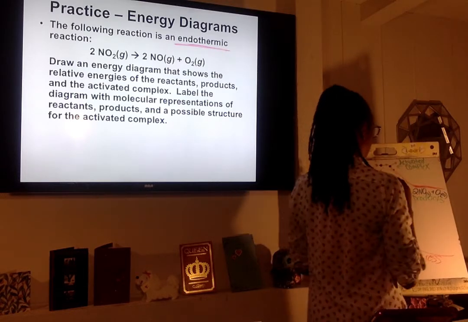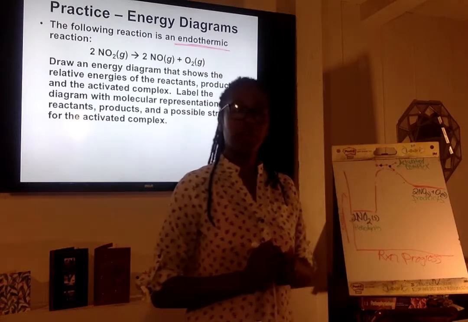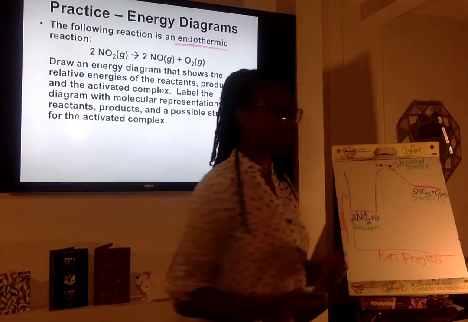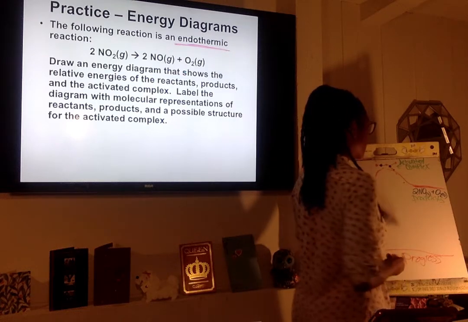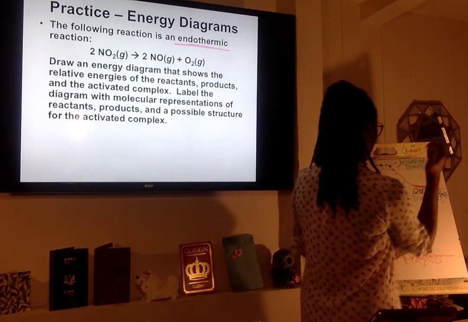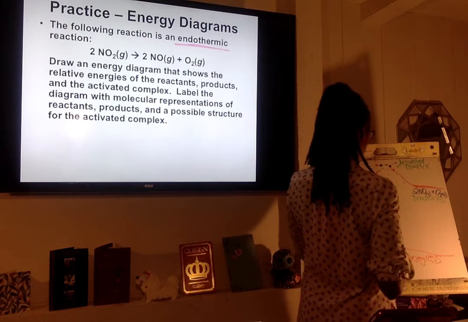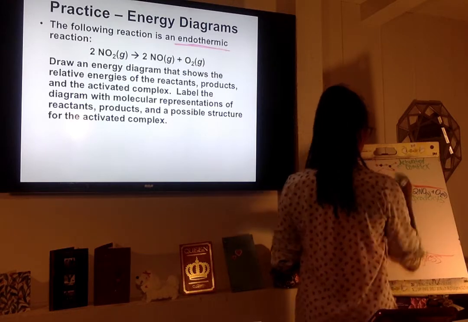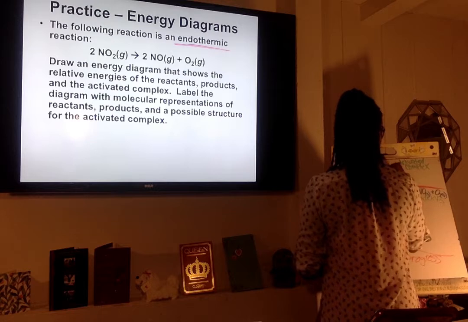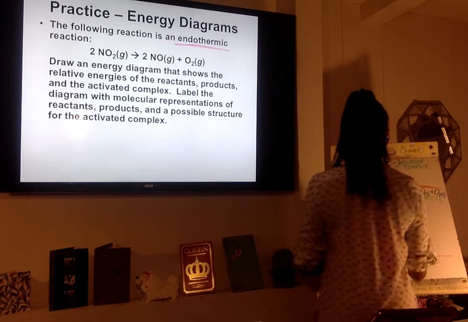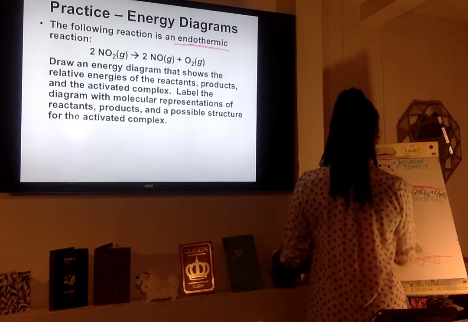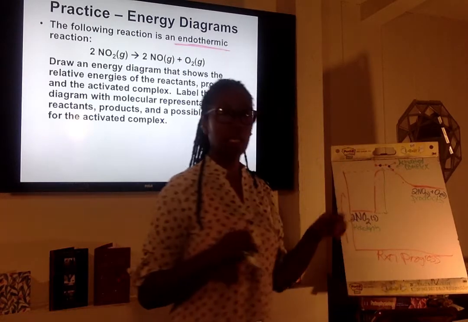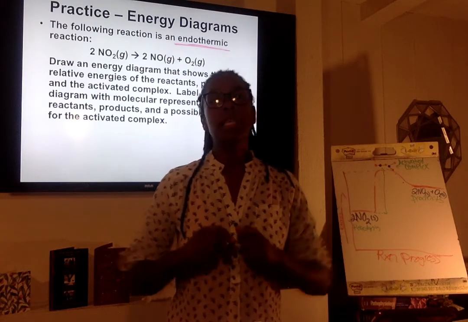And then, if you remember, we also need to show the location of the activation energy. The activation energy is going to be from the reactants to the activated complex. So from here all the way up to here, right? Remember, what is the activation energy?